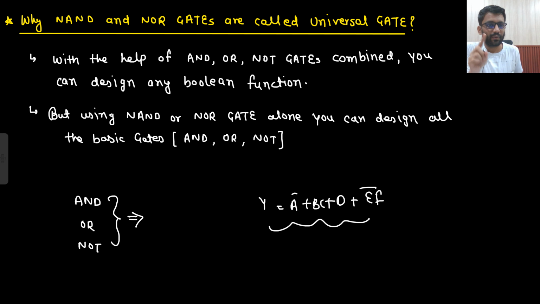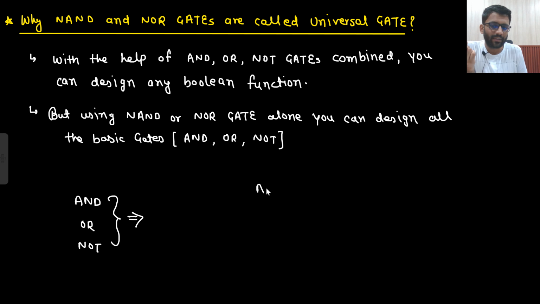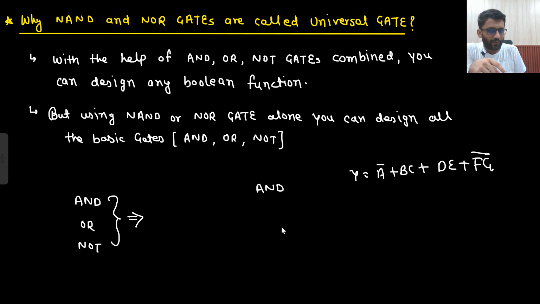So that's why they are called basic gates. Now if I say I am giving you only AND gate, and I ask you to design this thing, are you able to design this particular expression using only AND gate? So your answer will be no. I need 3 gates there, AND, OR, NOT. Actually, you need only 2.